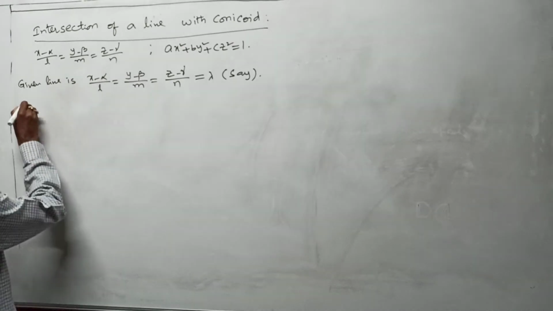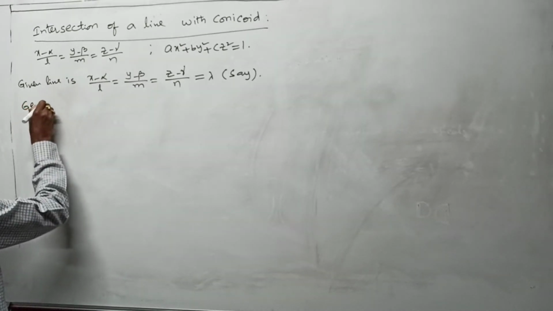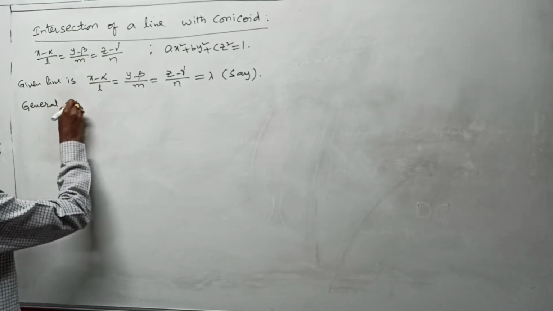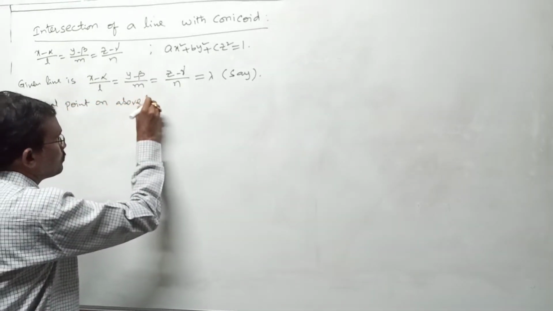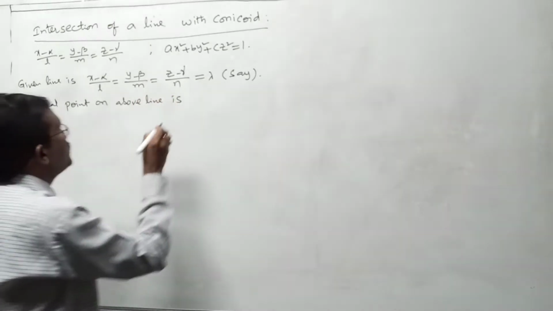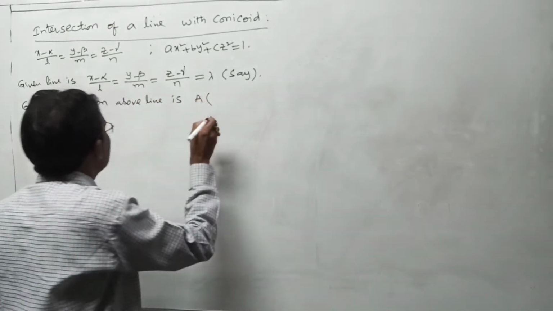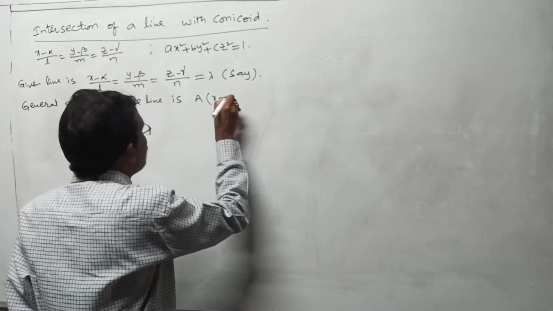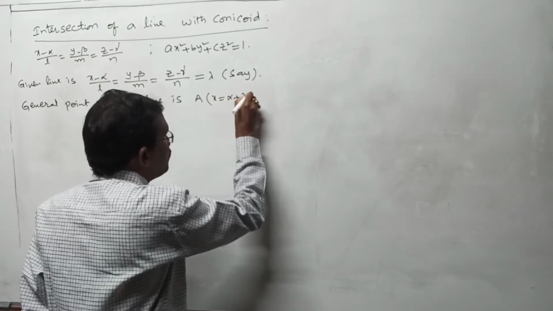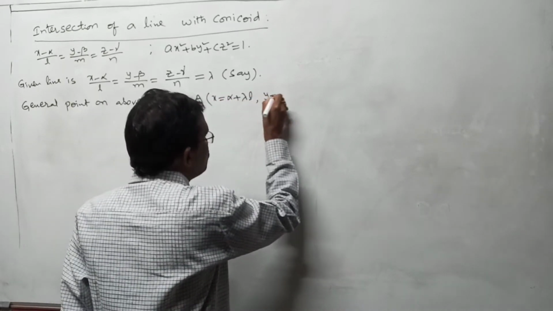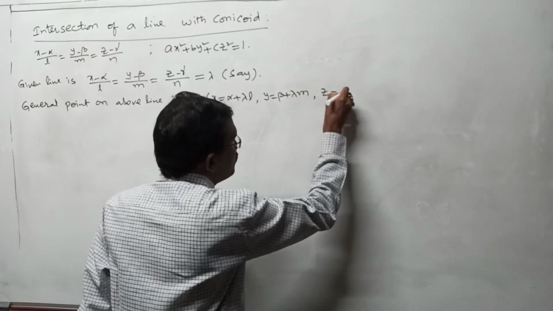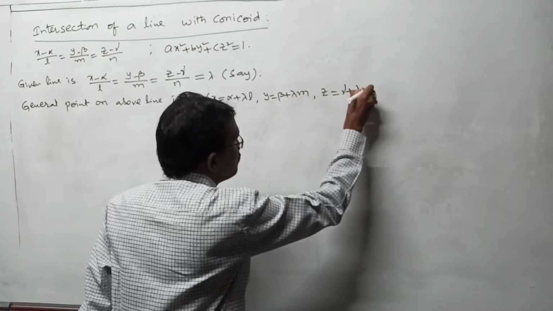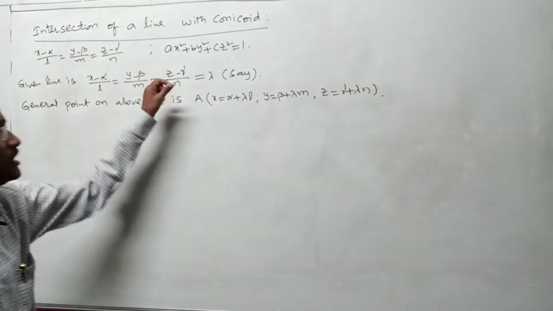The general point on the above line, which I denote with capital A, is x equal to alpha plus lambda l, y equal to beta plus lambda m, z equal to gamma plus lambda n. This is the general point on this line.